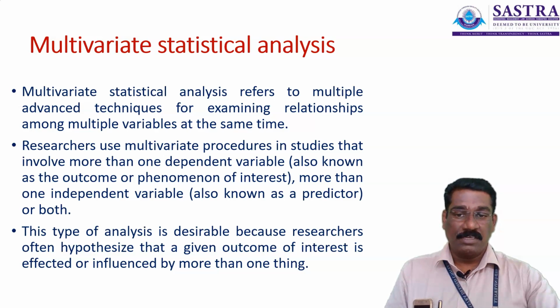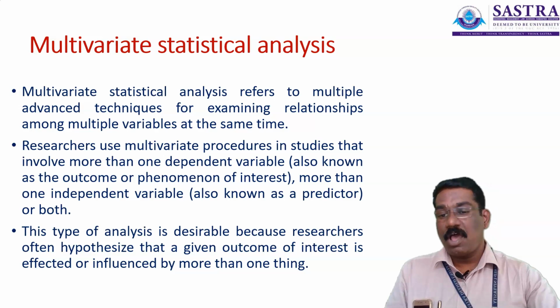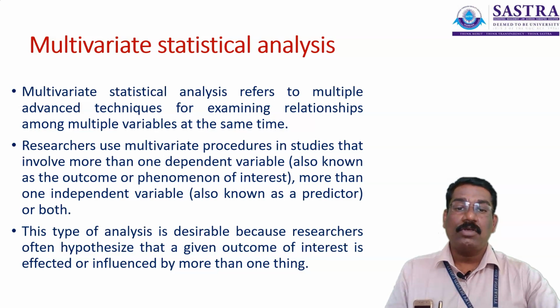Researchers use multivariate procedures in studies that involve more than one dependent variable, also known as the outcome or phenomenon of interest, more than one independent variable, also known as predictor, or both. This type of analysis is used because researchers often hypothesize that a given outcome of interest is affected or influenced by more than one thing.